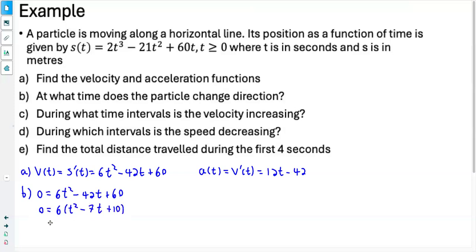And then we'll product sum factor this. So we've got 0 is equal to 6 times t minus 5 and t minus 2. So that gives us critical points when t is 5 and when t is 2.